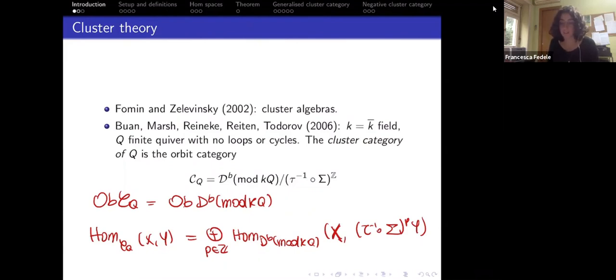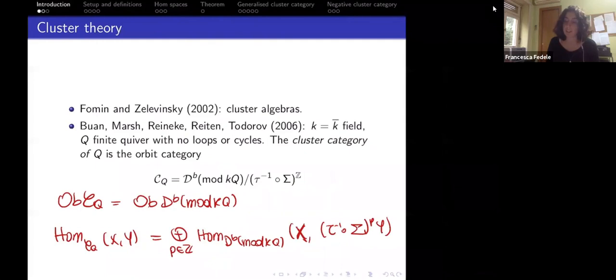And then this cluster category has been generalized in several different ways.